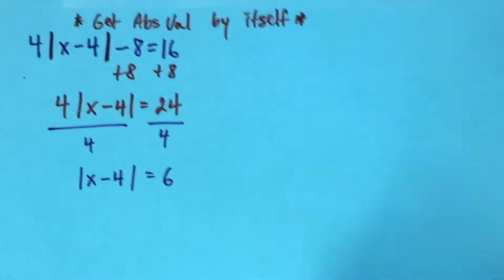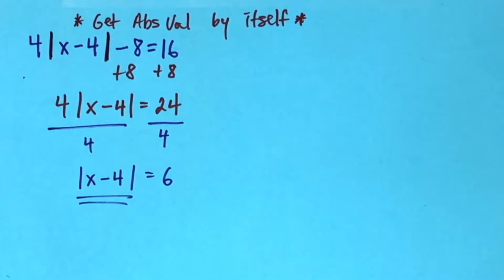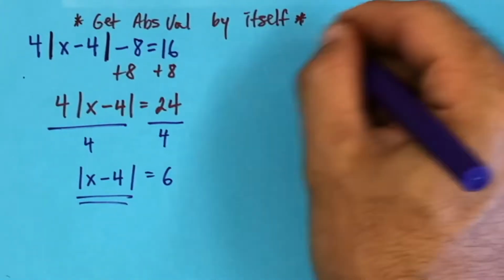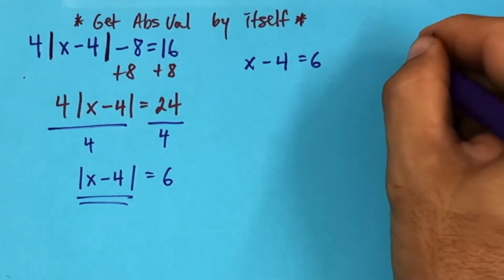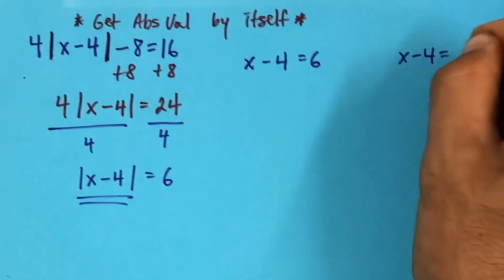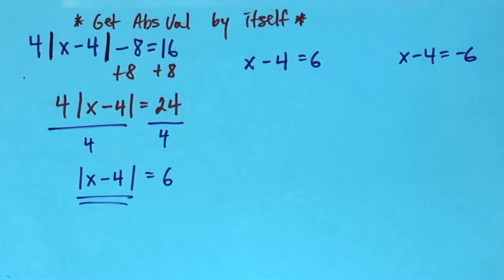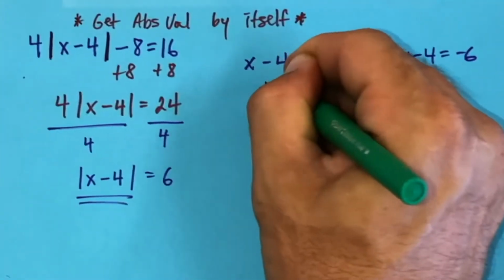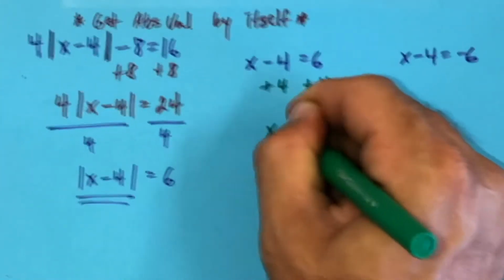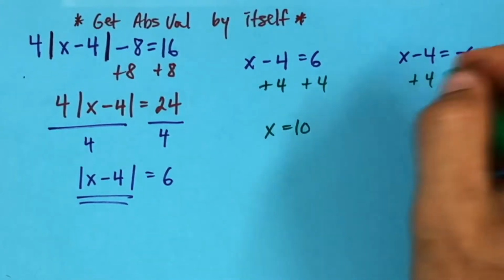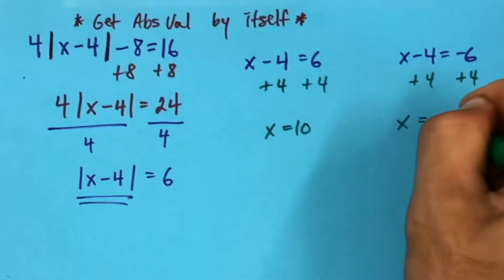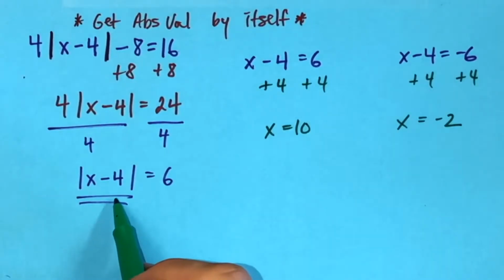I get the absolute value of x minus 4 is equal to 6. And here I have the same situation as in the previous example, where the absolute value is by itself, and I can split it into two separate equations. x minus 4 is equal to 6, and x minus 4 is equal to negative 6. Then I add 4 to both sides and get x is equal to 10, and x is equal to negative 2. These would be the two answers I could plug in here.